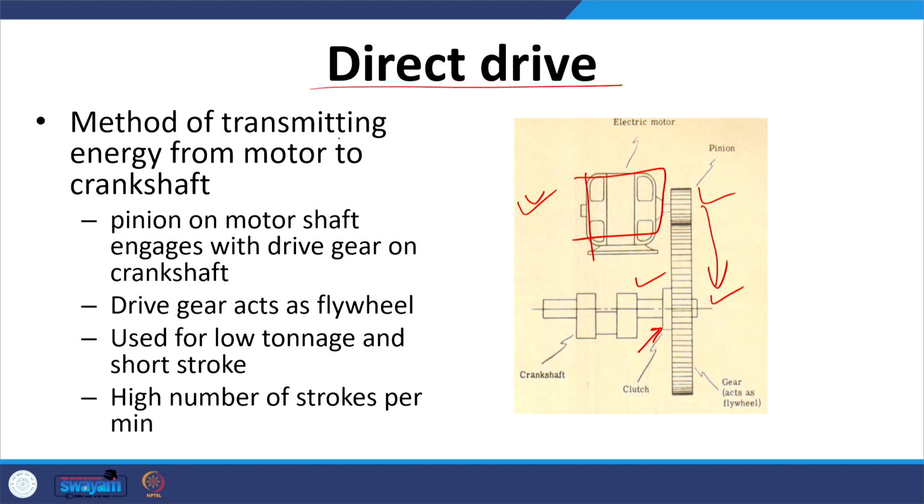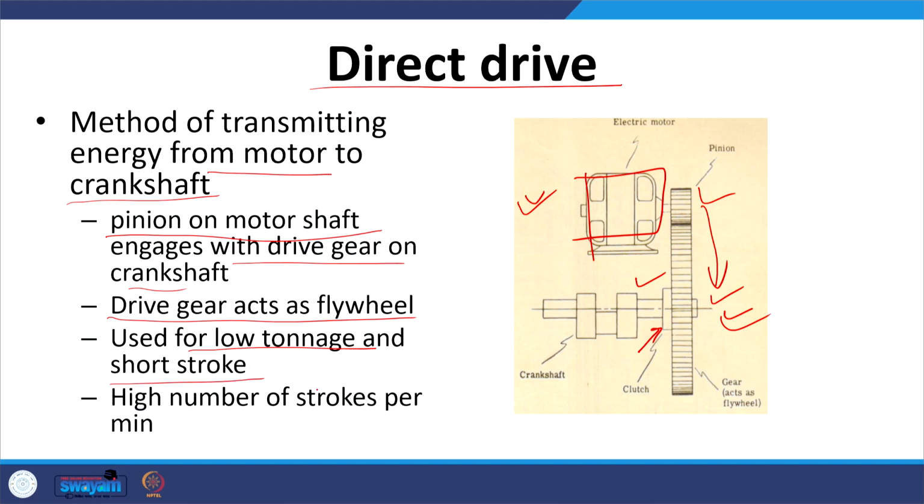So, in the direct drive method, the power is transmitted from the motor to the crankshaft through the pinion, which is mounted on the motor shaft, and engages with the gear drive on the crankshaft. The drive gear acts as a flywheel because it is a little heavy, although it does not, especially when it is connected through the clutch, okay, and it is used for low tonnage and short stroke lengths, okay.